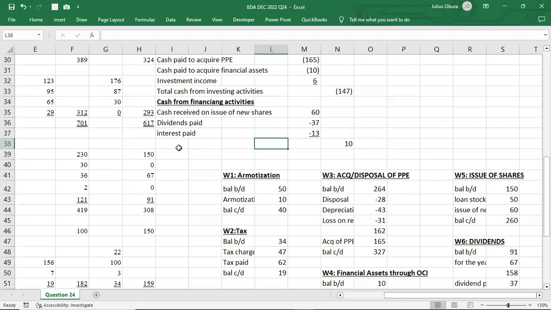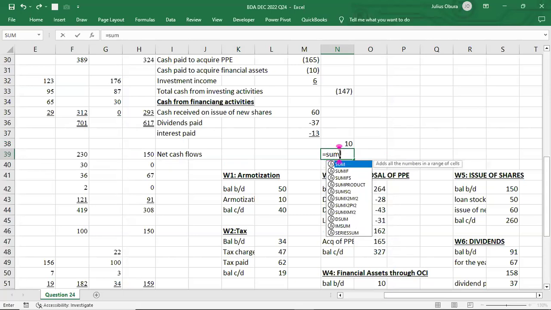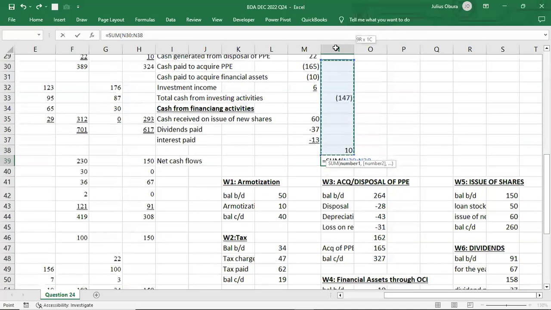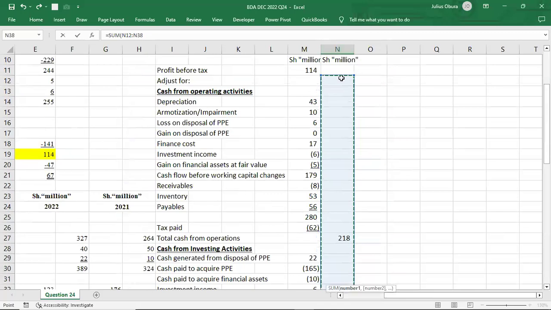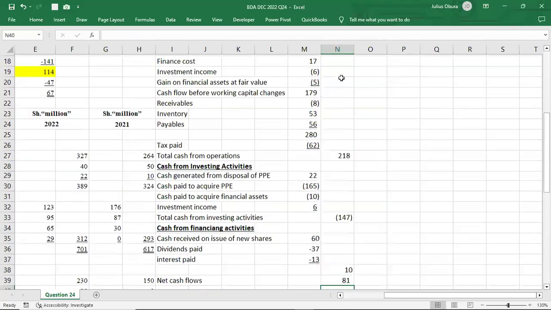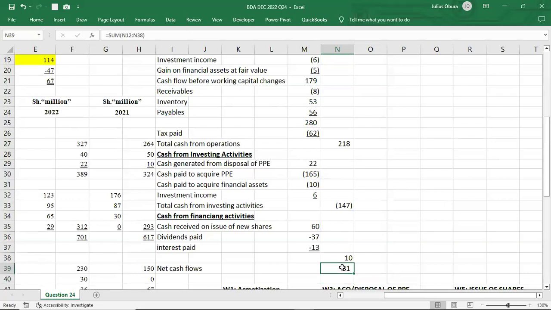The net cash flows should be the summation of cash flows from the operations, financing and investing, which will be the sum of all these things that we have here, starting from 218. So we'll have it as 81.